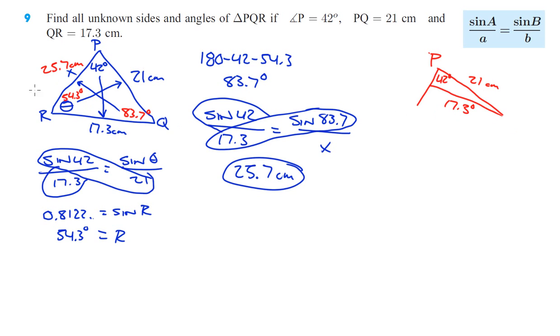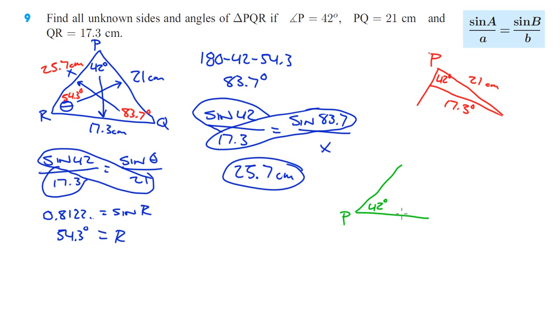And then you'd end up having a different set of answers. A better way to have originally drawn this, so that you can figure this out, is to put P down here, the fixed angle over here at 42. Oops, I messed that one up. Hold on, let me get this right. Okay, this is our 42 degrees.